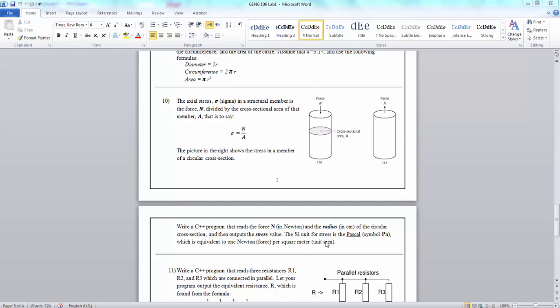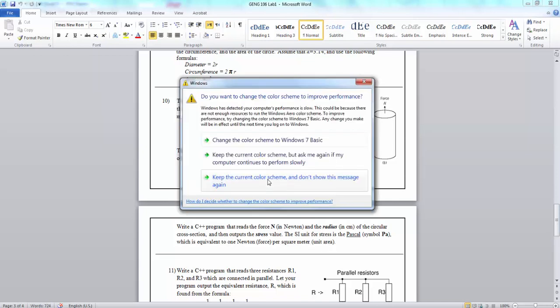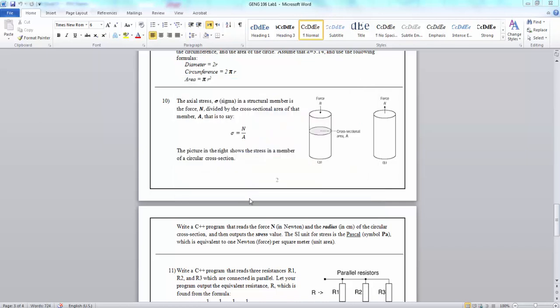So in any problem like this, we need to understand what we are trying to do. From the question, we are trying to calculate the stress, which is equal to the force over the area. But now I need to understand what the input will be in this problem. The question tells us that it will read the force in Newton and the radius in centimeter. So the user is going to enter two things, the force and the radius.